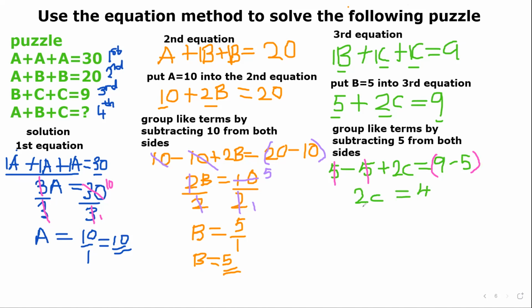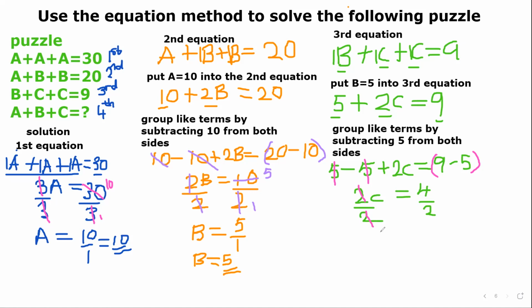To find C, divide both sides by 2. So here is 2 and here is 2. These 2 will take out these 2 so that the C will be free.